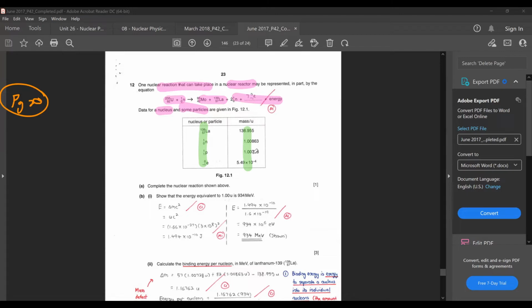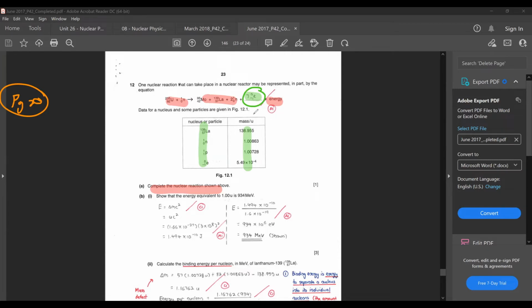Okay. Now, they are asking you for part A, complete the nuclear reaction shown above, which is basically this particular reaction here. Okay. This one, this one, this one, and then there's a missing blank here, right? So you're supposed to find out what is the element here.